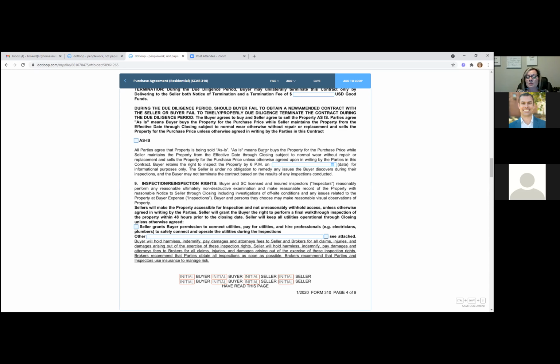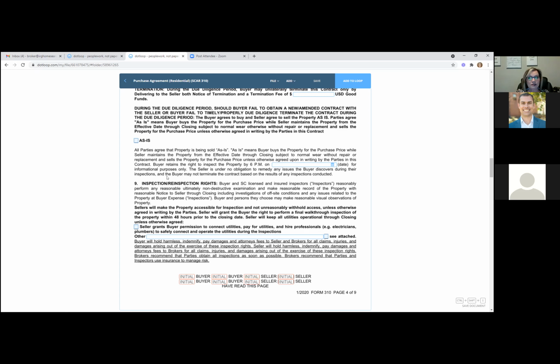As is means buyer buys the property for the purchase price while the seller maintains the property from the effective date through closing, subject to normal wear and tear, without repair or replacement, and sells the property for the purchase price unless otherwise agreed to in writing by both parties in this contract. Buyer retains the right to inspect the property by 6 o'clock p.m. on this hard date for inspections.